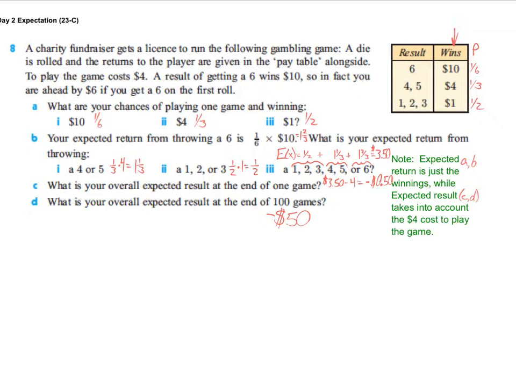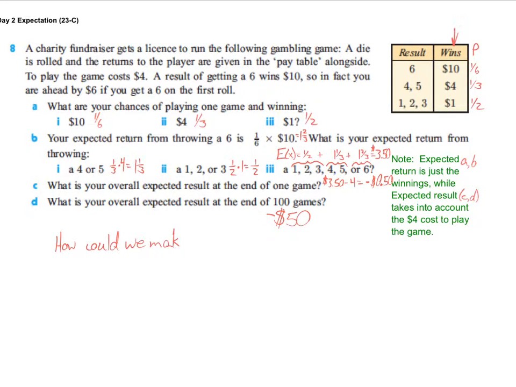Now, I want to do this one because I want to take it a step further here. Let's say this wasn't a charity. So we want the game to be fair. How could we make it fair?